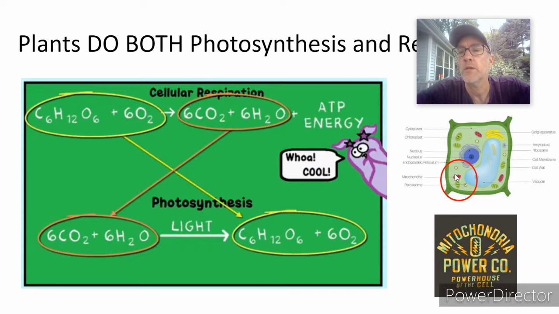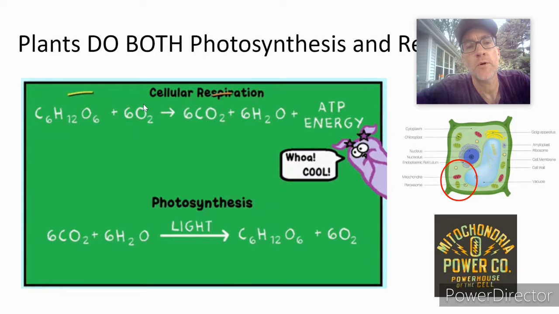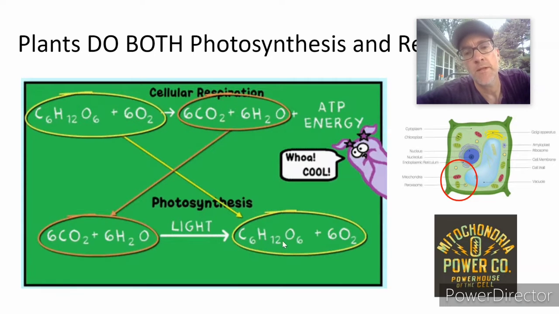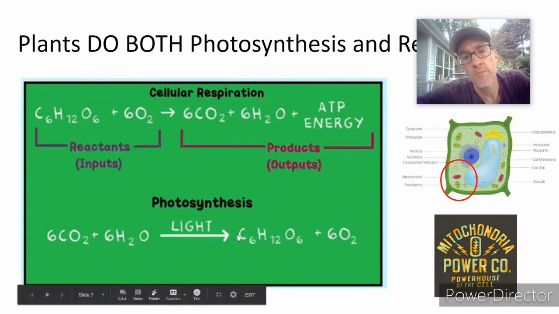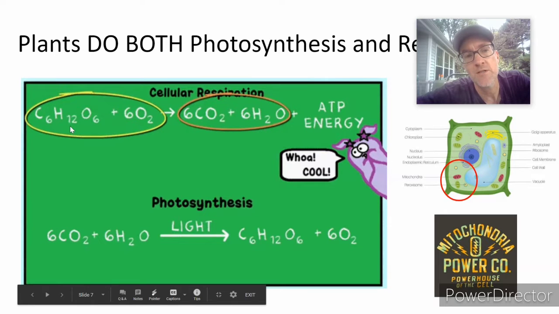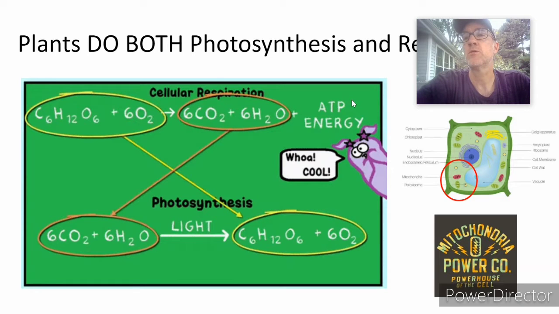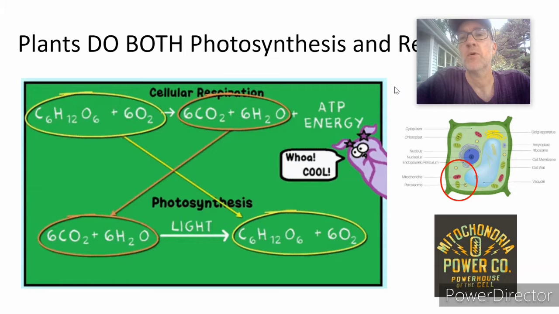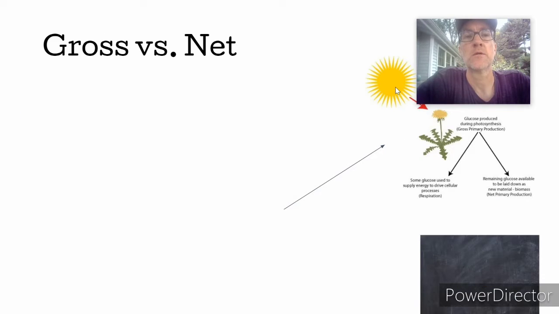So we know that plants have mitochondria. Therefore, they do photosynthesis, as we know, but they also do cellular respiration. So some of the oxygen and some of the glucose produced in photosynthesis is utilized by the plant in order to create ATP and to do work inside the plant, to create new cells, to create chemicals they can release, those kinds of things. They need that ATP energy. So that's very important in what we're going to be talking about next, gross versus net primary production.